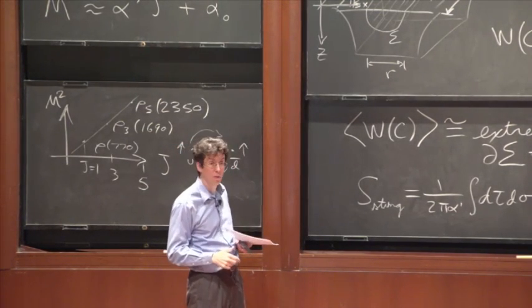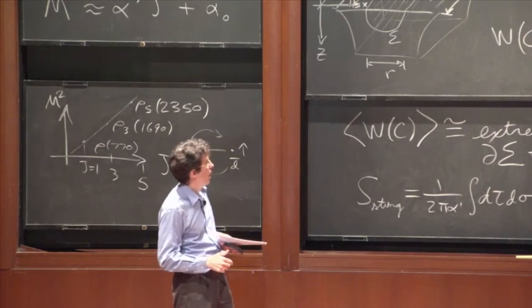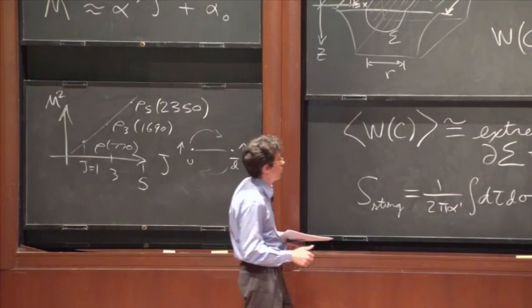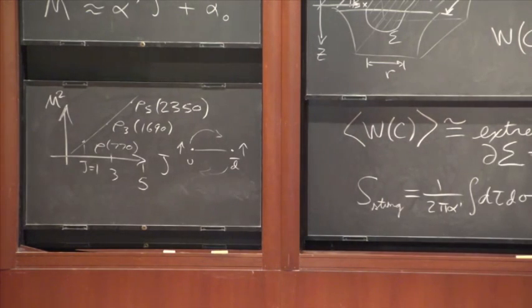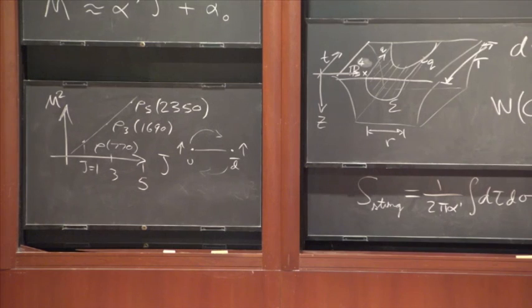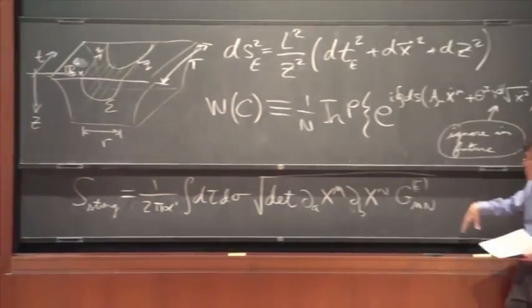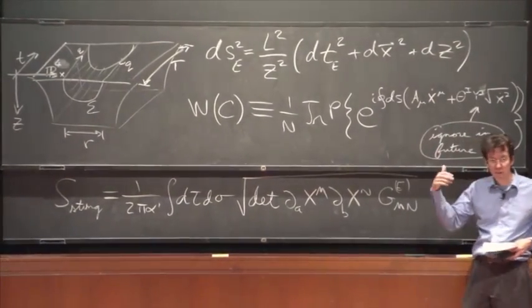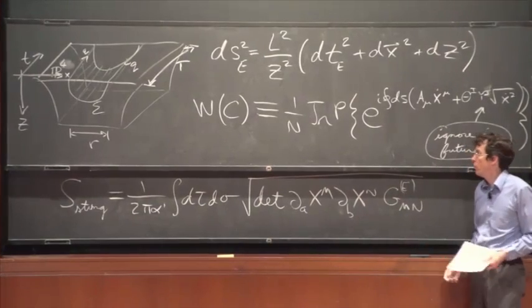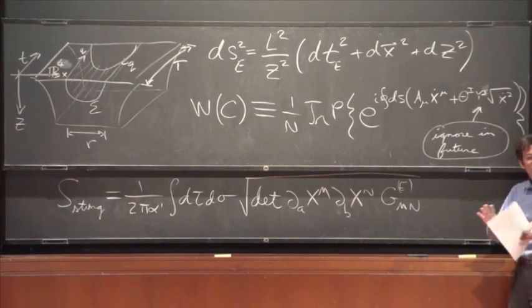Yes, that's right. They're real scalars in the adjoint of SU(N), so the trace cares about that adjoint structure, and the path ordering cares about that adjoint structure. Definitely. So like I said, that's the simplest answer I can give you, that this works fine for N equals 4 super Yang-Mills. For these lectures, I'm not going to look further.